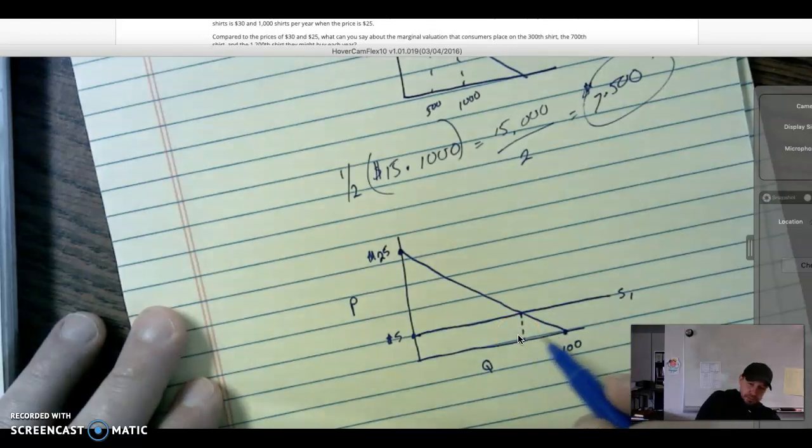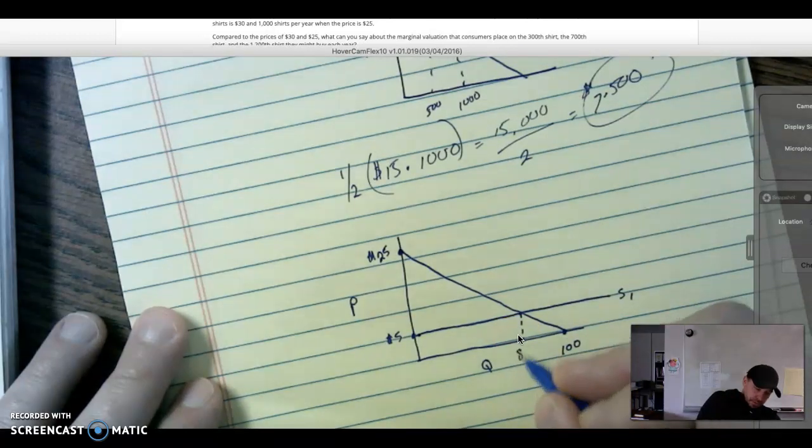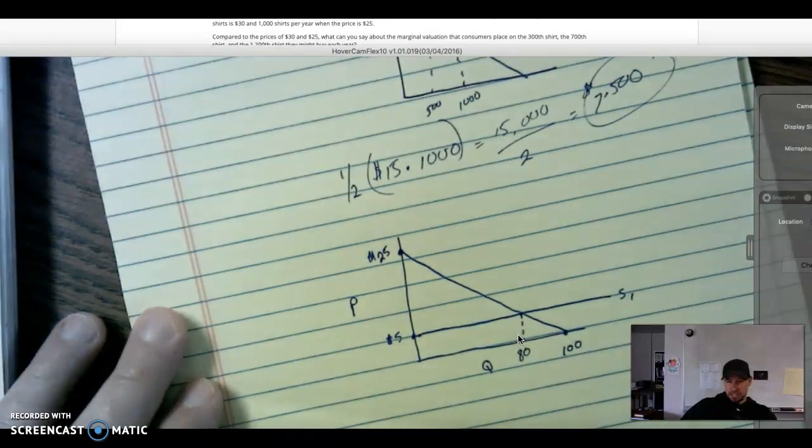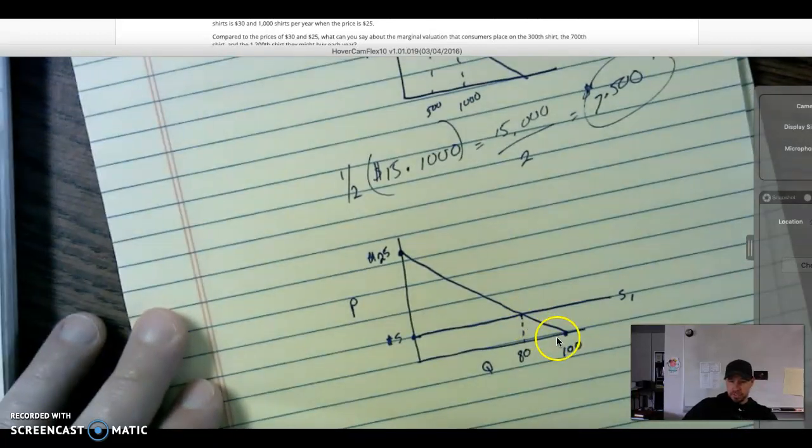So this drop is going to be 20. So this quantity then has got to be 80, based on our slope, because it's linear, it's not changing. All right, so there we go. So at equilibrium, price is going to be $5. That's where quantity supplied and quantity demanded intersect.